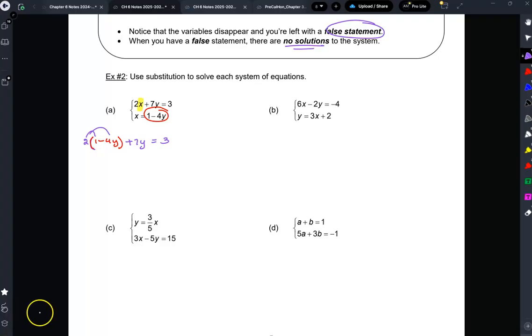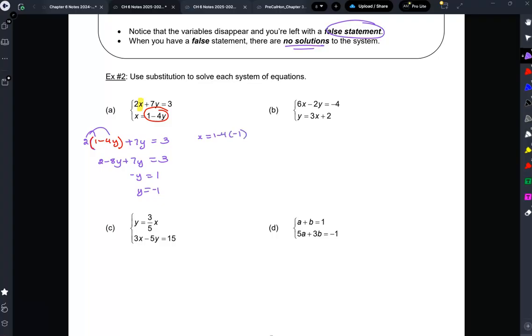So what was it? This was 2 minus... So negative y is equal to 1, y equals negative 1. And then x equals 1 minus 4 times negative 1.